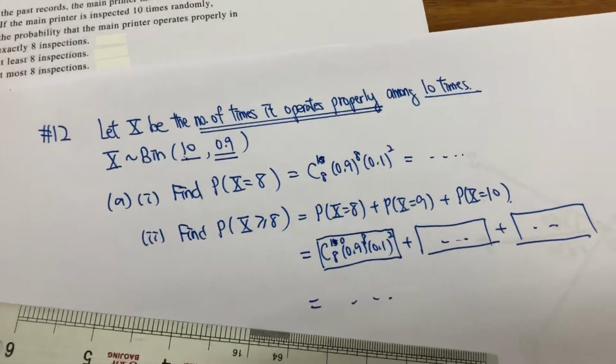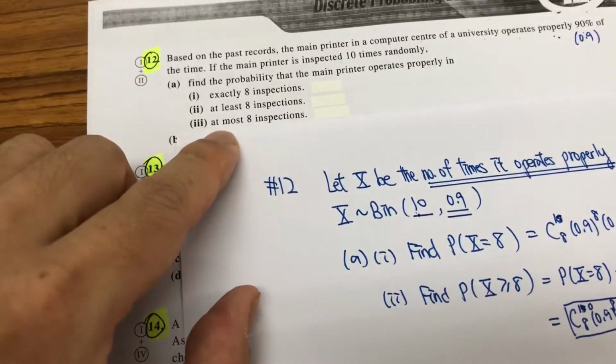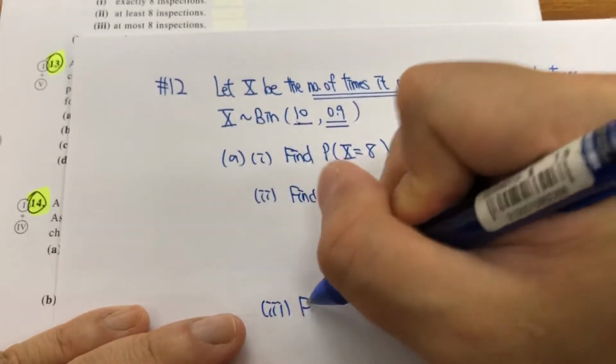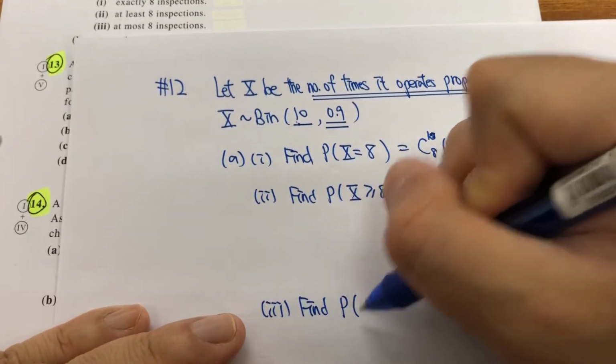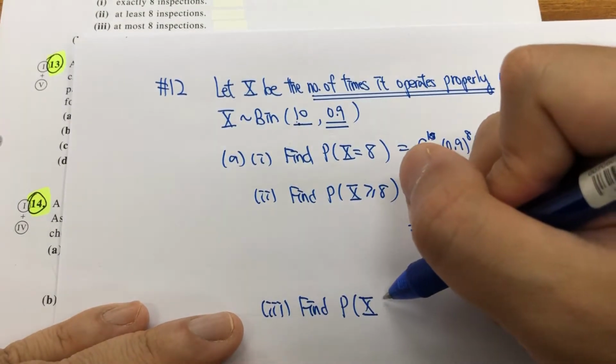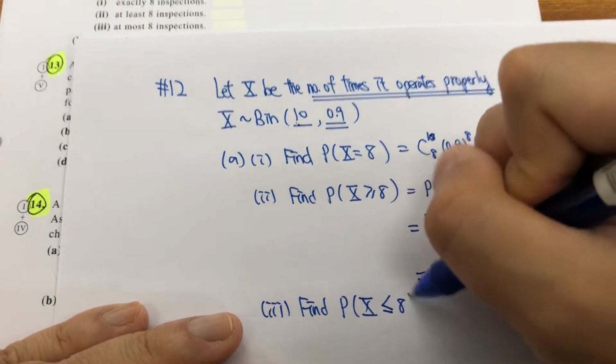And then, what about this? At most 8 inspections. What is that? At most means that it could be equal to or less than 8.